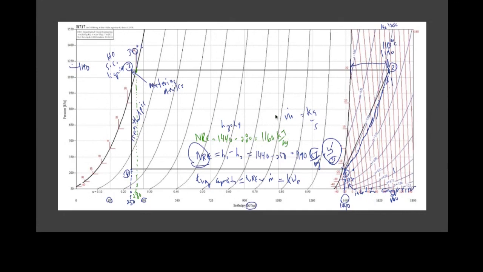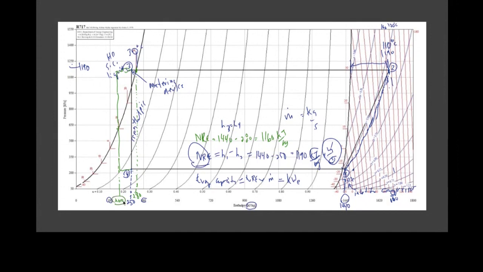And so you can see that subcooling is beneficial. If I subcooled it even more, to say 10 degrees Celsius, so let's say I had really cold condenser water, 5 degrees Celsius, and I could cool it down to 10 degrees Celsius, then you can see my net refrigerating effect would be even greater, because here we would be at, let's say, 200.